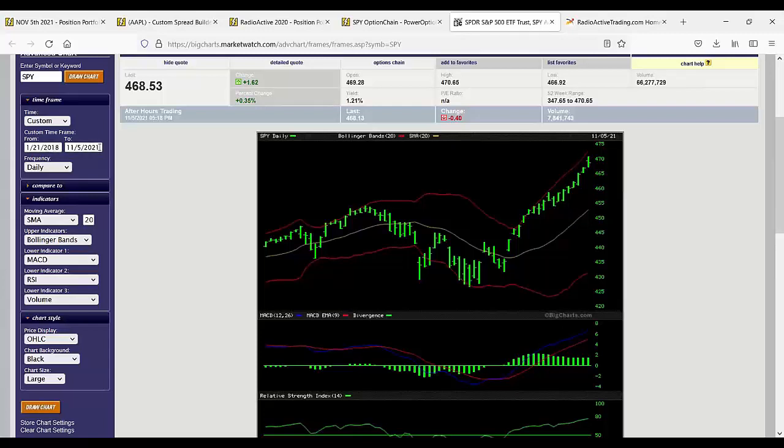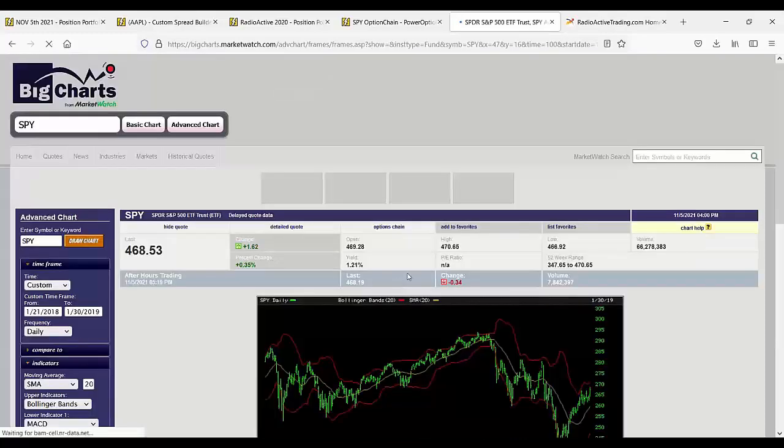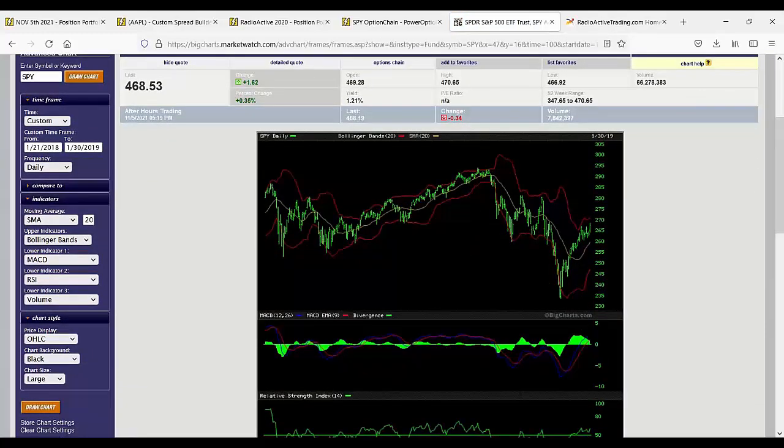And let's go to 1/30, 2019, okay? All right. Okay, so as a view, started to see those strong bearish sell warnings back here in January.